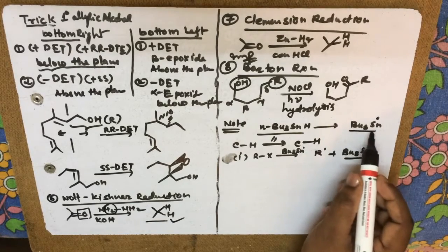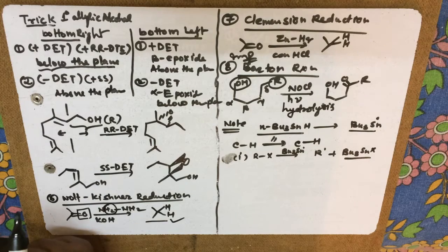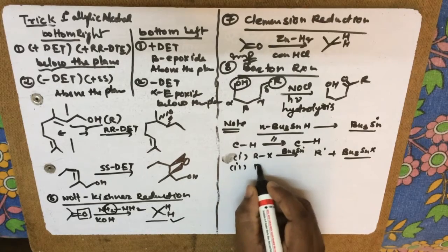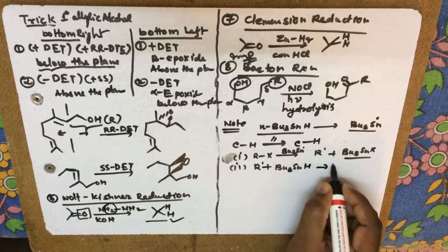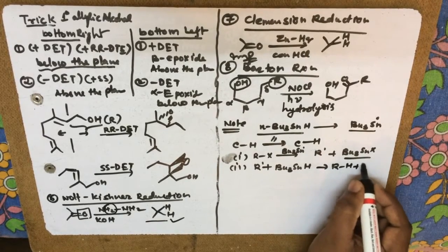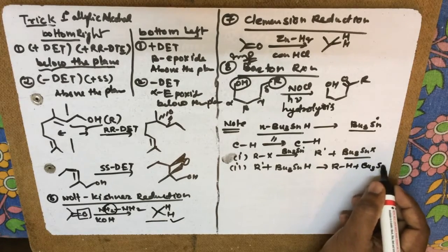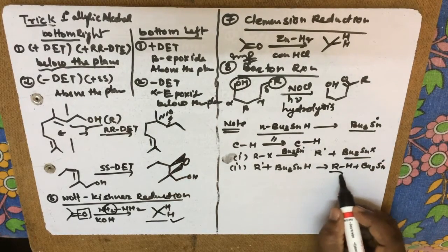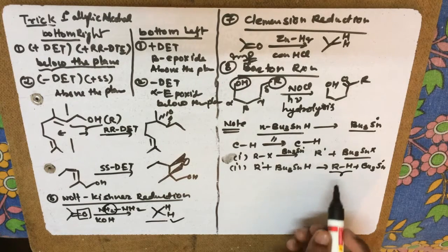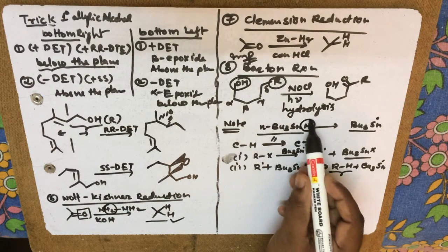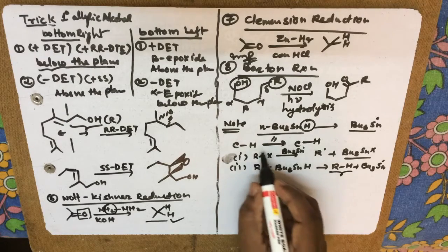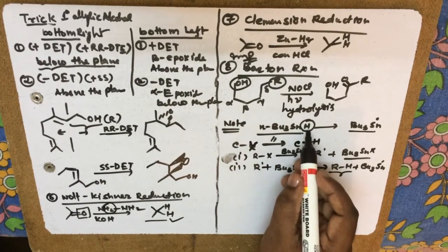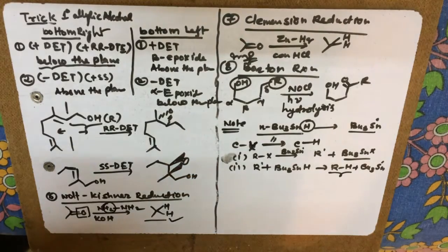So basically the role here is to create the radicals. Then in the second step, this R radical reacts with this Bu3SnH and forms RH and Bu3Sn radical. So here you will get the RH. Similarly, here you have CX, and this H attaches in place of X, any halogen.